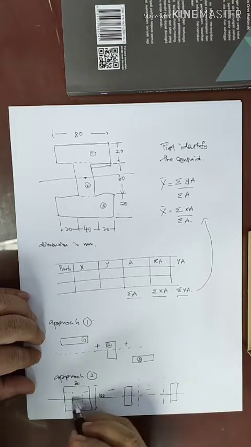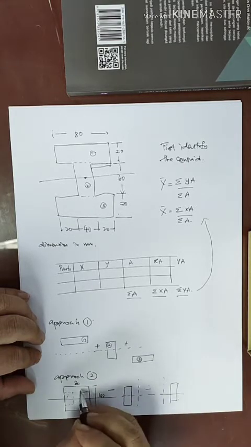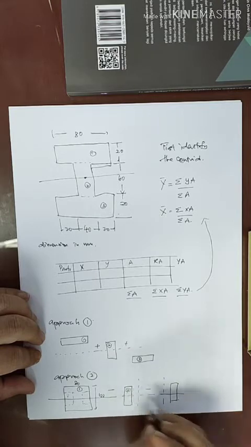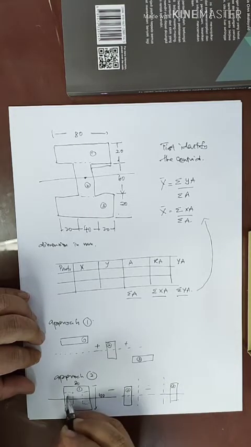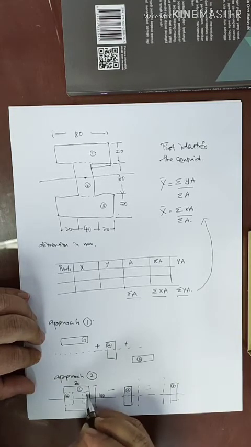Okay, this is 1 minus 2 minus 3. This is 2, this is 3.